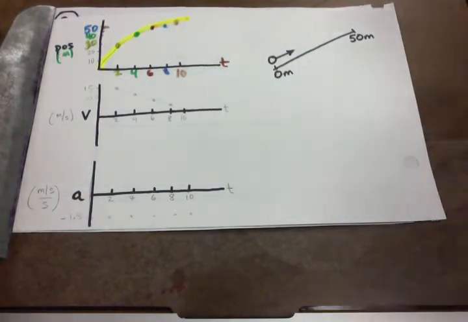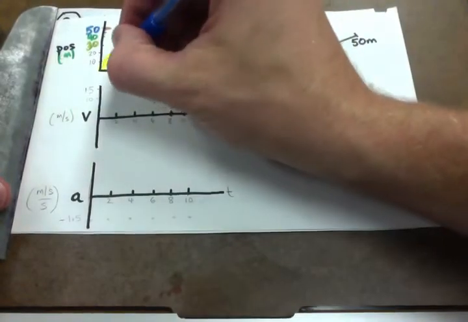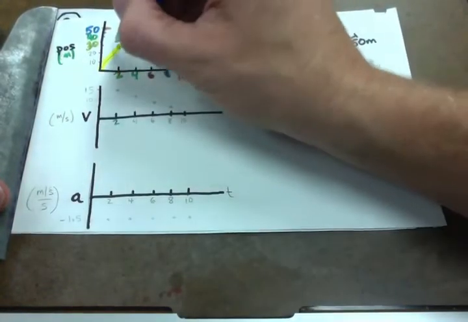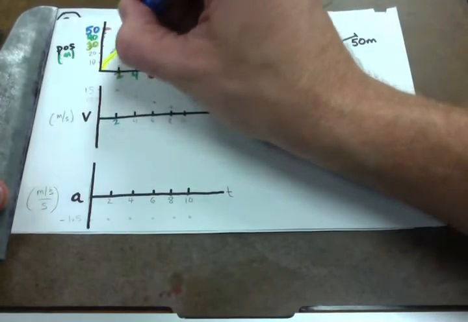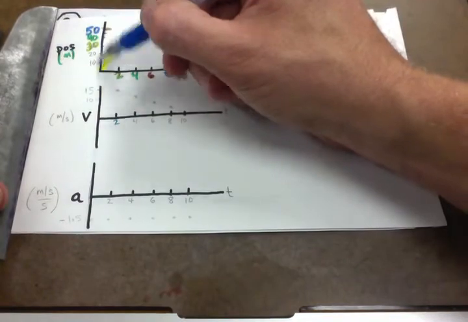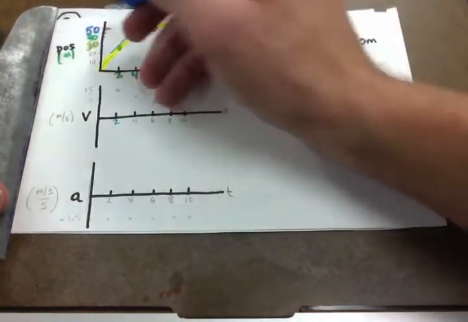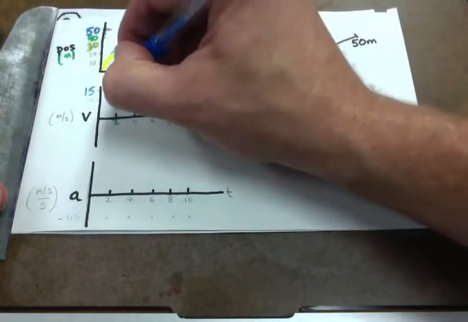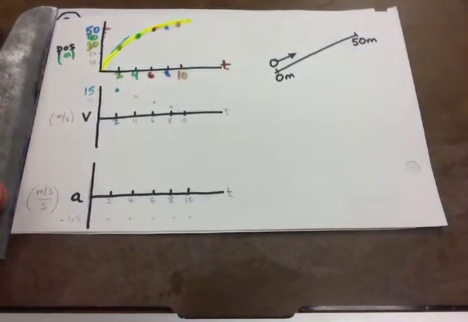So I love to think of it, okay, here at 2 seconds, what's that slope? Well, that's a positive slope. I'm just kind of guesstimating it close to like up 30 over 2. Once again, it's just an estimate. Up 30 over 2, just around 15.